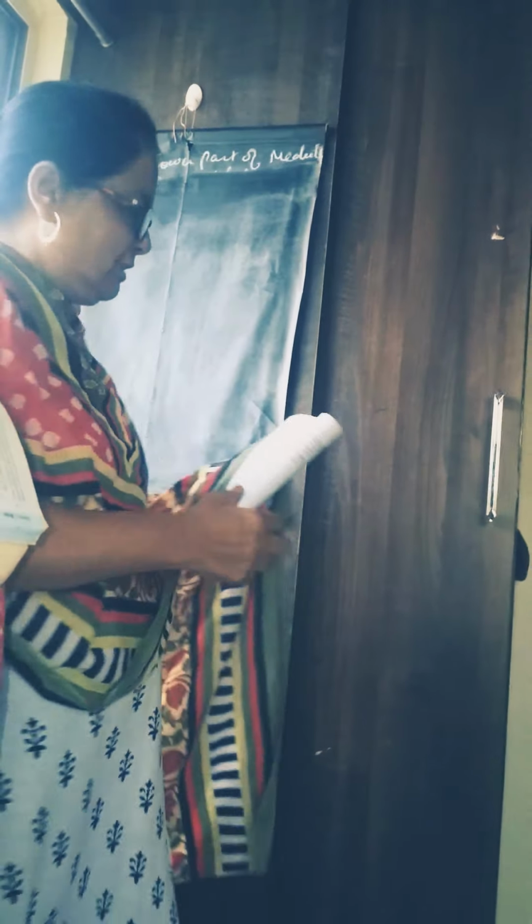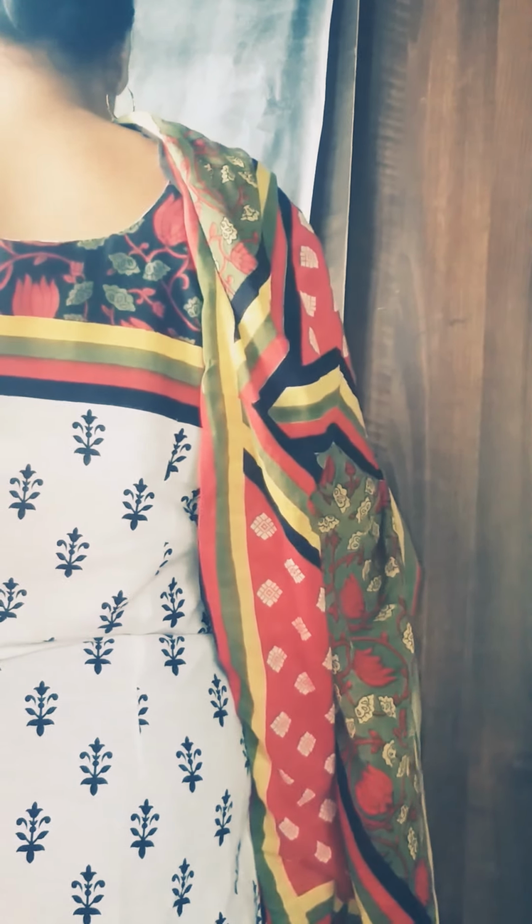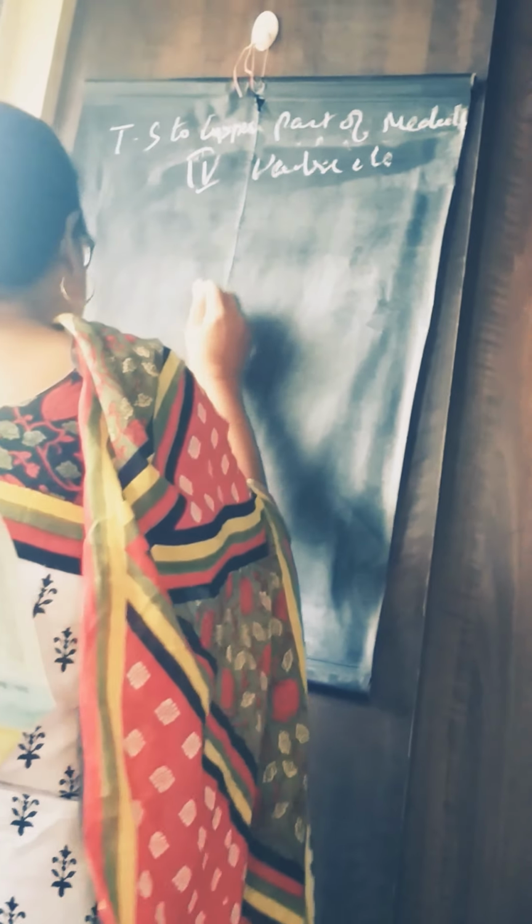Now we will see the TS section of the medulla at the level of the fourth ventricle. TS section through the upper part of the fourth ventricle. Now diagrammatically we show you this.